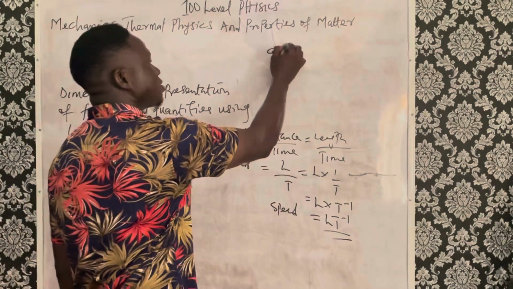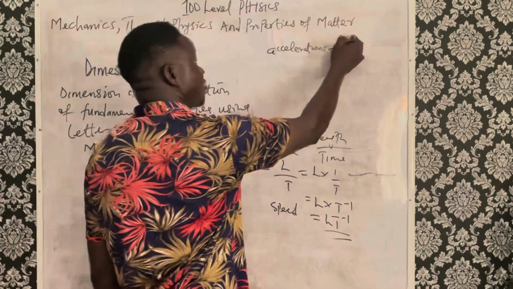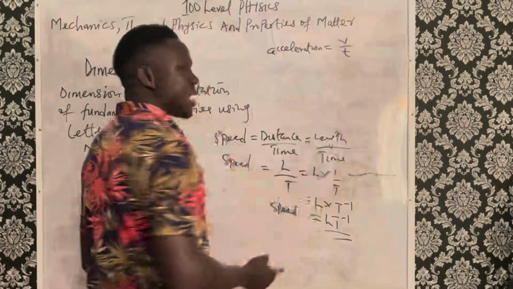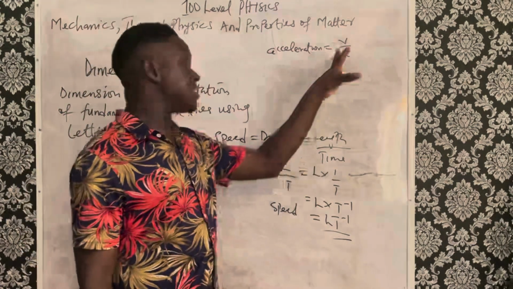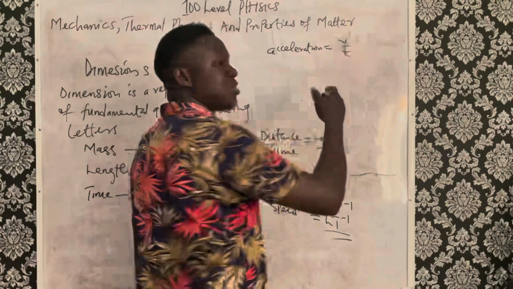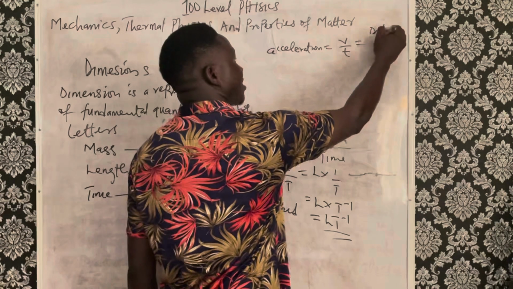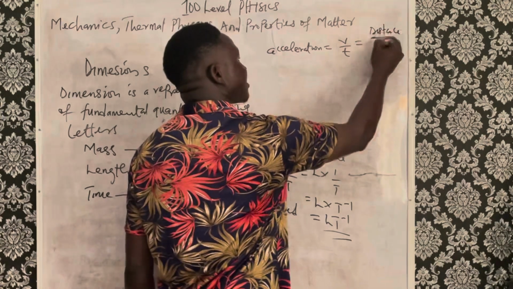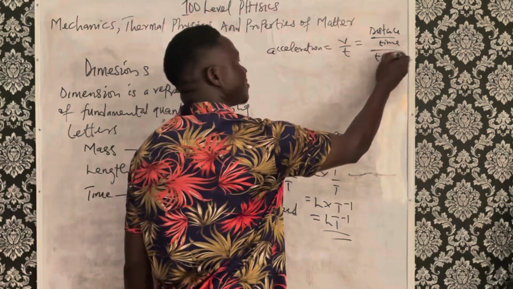Again, we could also look at acceleration. We know acceleration is related to velocity over time, so we can start breaking down everything here. Velocity is the same thing as distance, which is our length, over time, then divided by this time that is here already.